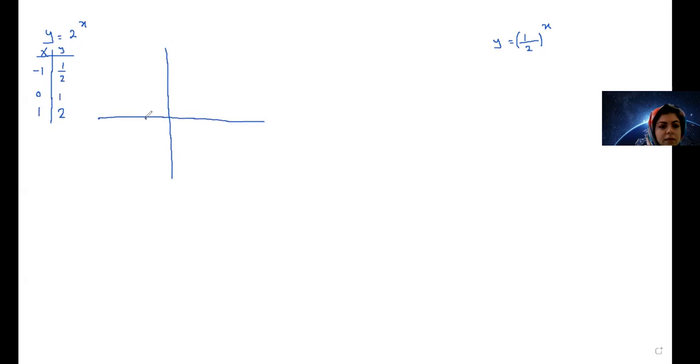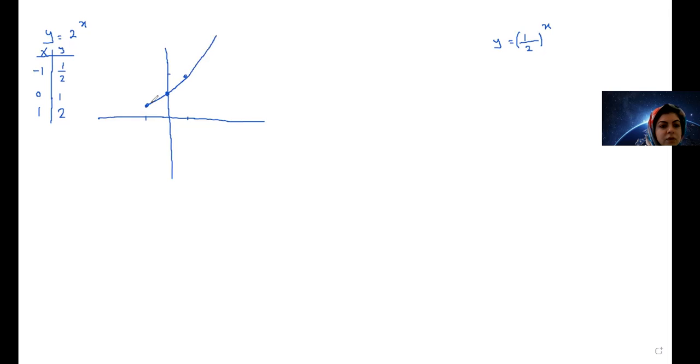So here is -1. Let's say this is +1. -1, 1/2 is this point. 0, 1 is this point. And 1, 2. As you see, this graph is increasing, right?